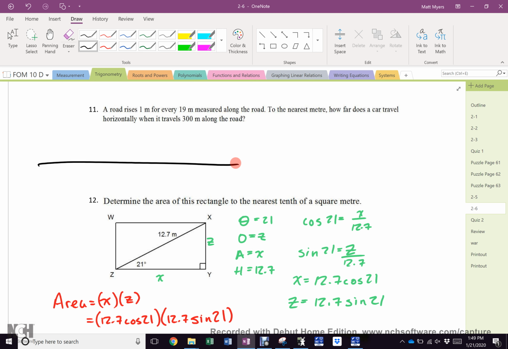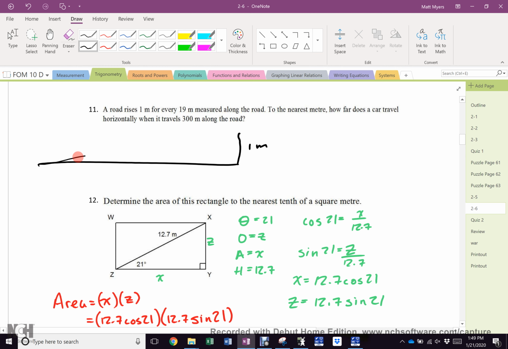It's flat. Okay? Now, if you turn around your car and drive from Calgary towards Vancouver, you have to go over the mountains, yes? So that road will start doing what? Rising. The road rises 1 meter for every 19 meters along the road.